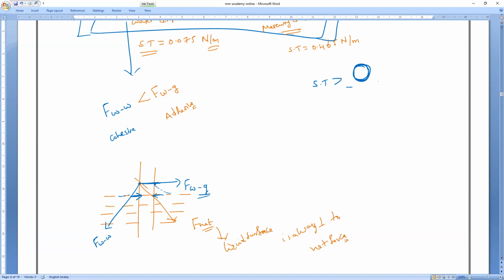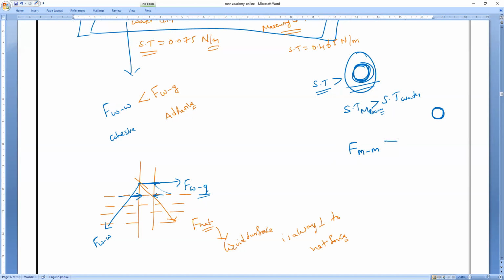Mercury forms a completely spherical shape because the surface tension of mercury is greater than the surface tension of water. So you might understand now, if the surface tension increases, the spherical shape will form better. Now the force of attraction between mercury and mercury is less or more?